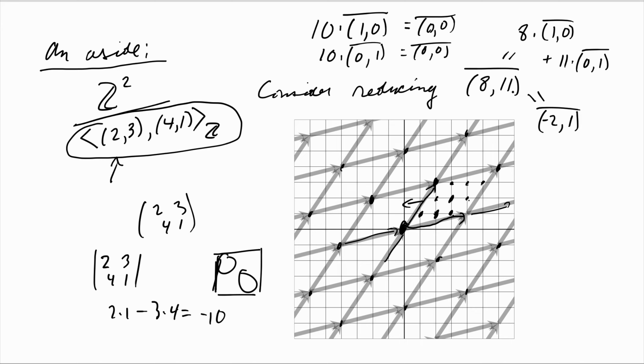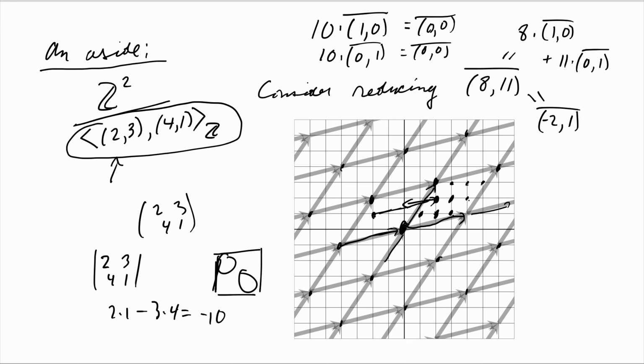So just by using this mod 10 idea from this determinant, we can reduce 8, 11 to negative 2, 1. And we can check that out here. Negative 2, 1 would be right here. And if we think about adding a shift of this guy right here, 4, 1, we end up getting to this particular point.